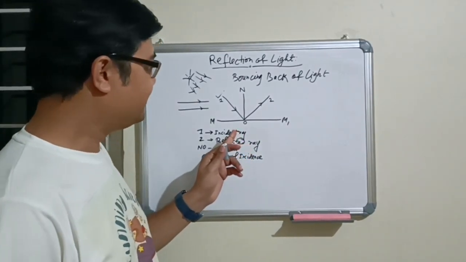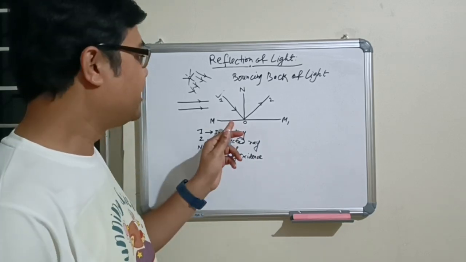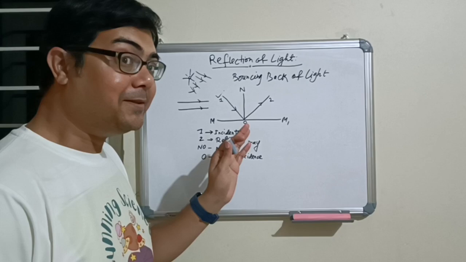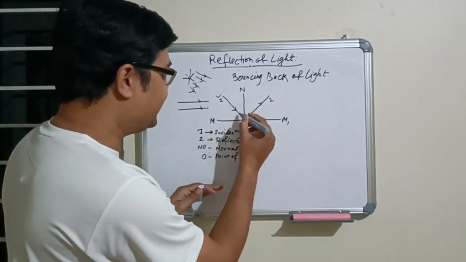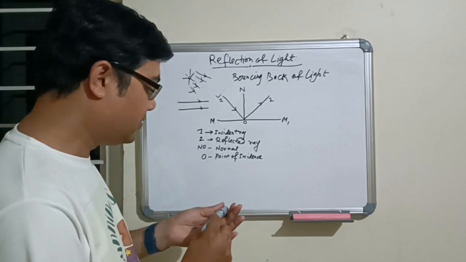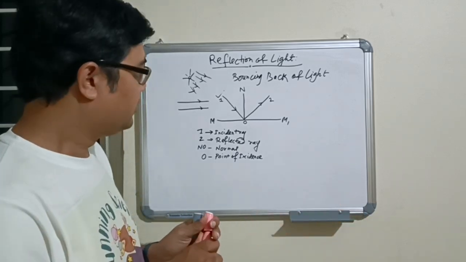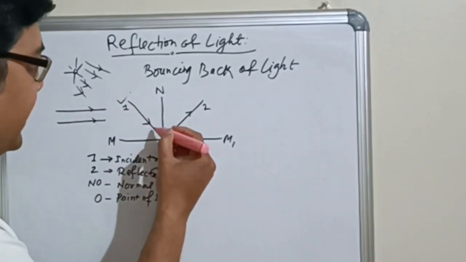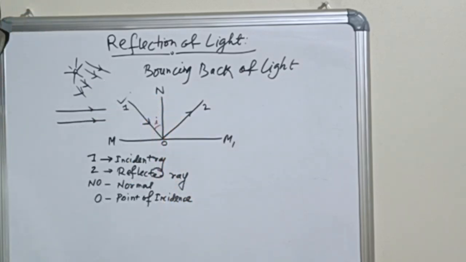Now we'll learn a few terms related to reflection of light. See, the angle made by ray 1 with the normal, this angle, let's say this is I. This angle is known as the angle of incidence.